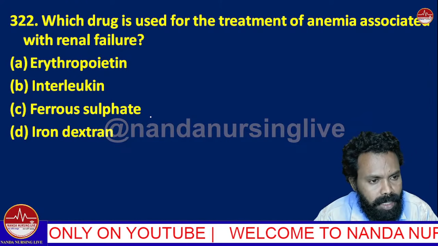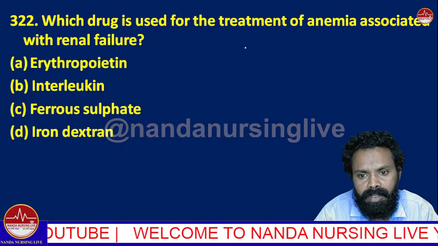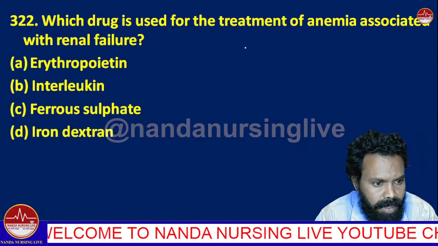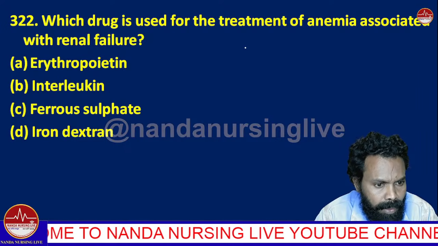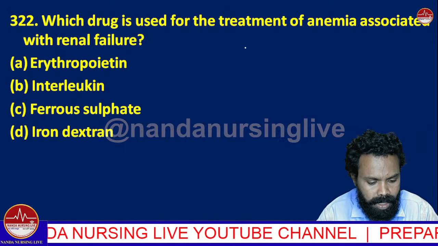Next question, question number 322. Which drug is used for the treatment of anemia associated with renal failure? Option A is erythropoietin, option B is interleukin, option C is ferrous sulfate, option D is iron dextran. So which option is the correct answer?